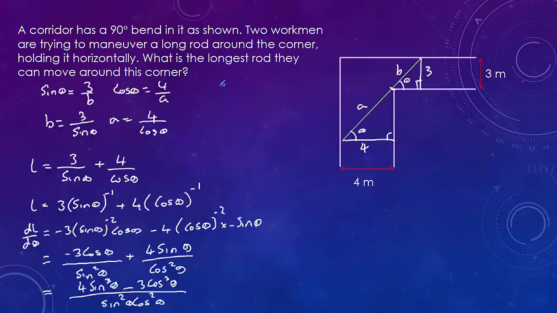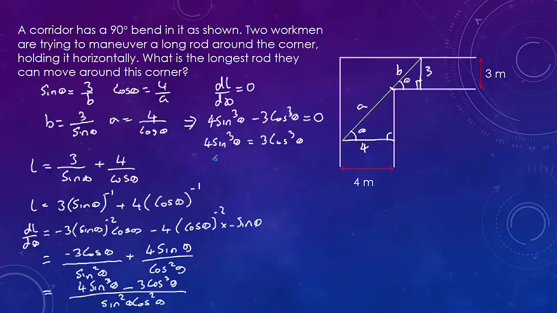So for dL d theta to be equal to 0, we need 4 sine cubed theta take away 3 cos cubed theta to be equal to 0. So that means that 4 sine cubed theta is equal to 3 cos cubed theta.